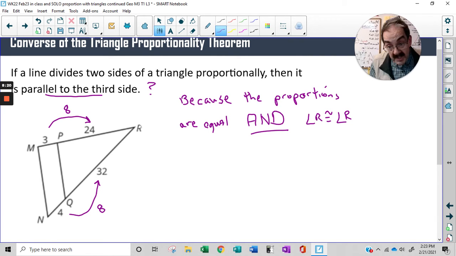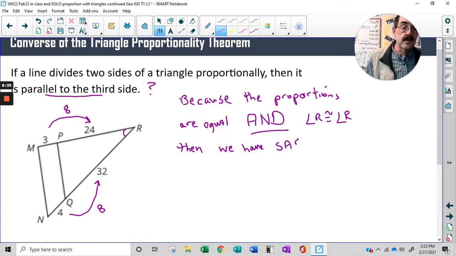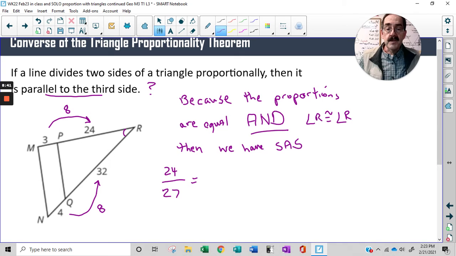If you have to redraw them, that's okay. Small triangle, 24, 32. Bigger triangle, 27, 36, and angle R. So we have side to side, side, angle, side.